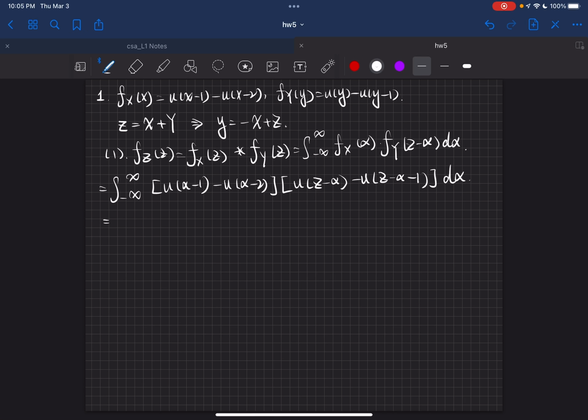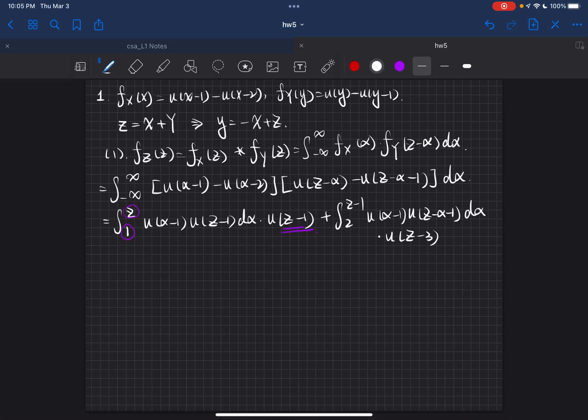And we expand this term, we get here we should times u(z minus 1), and this z minus 1 is from the integral upper limit minus integral lower limit. And similarly, we get our other terms. Here we times u(z minus 3).